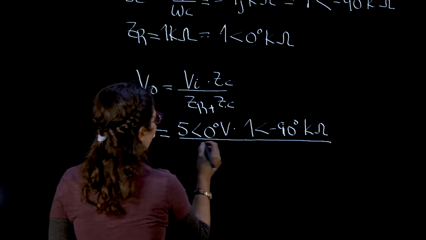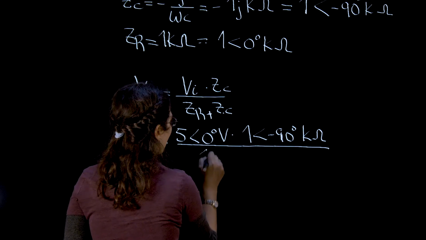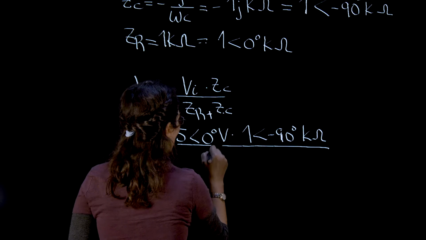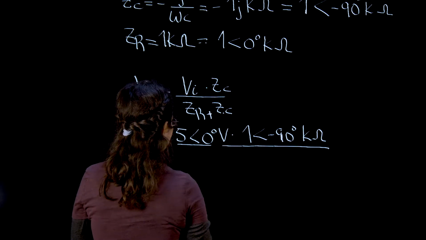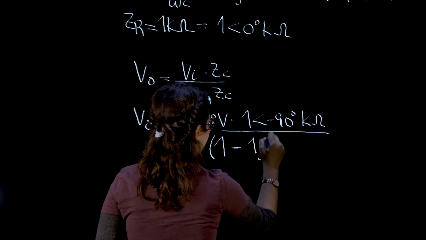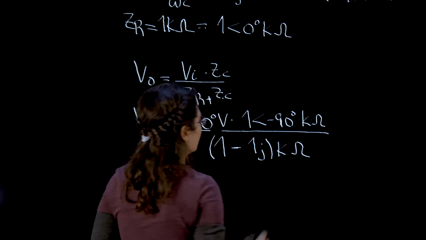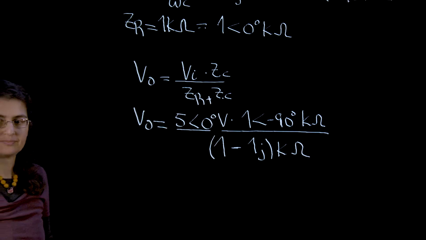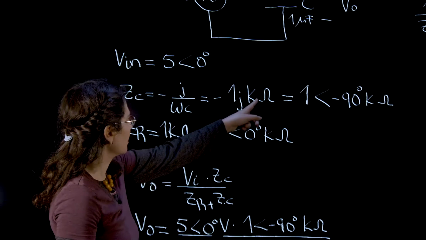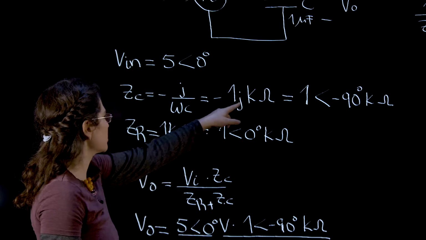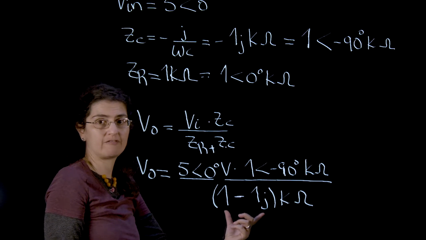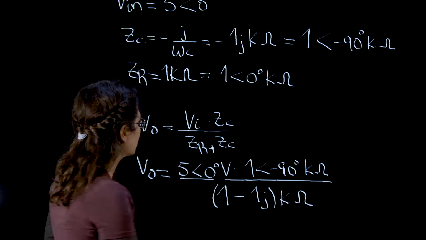In this case, we're going to put 1 plus 1 minus 1j kilo, my resistor and my capacitor added together. Now I would like to put this one in phasor form so that we can do this division here.